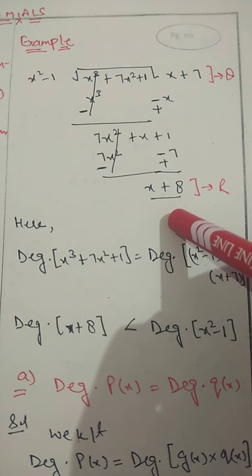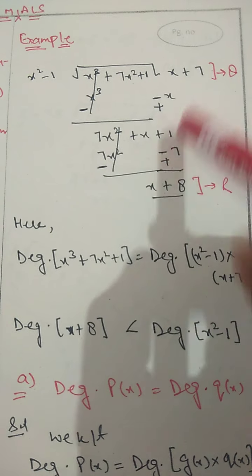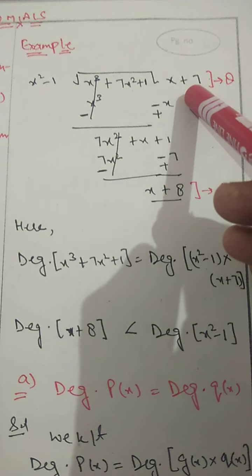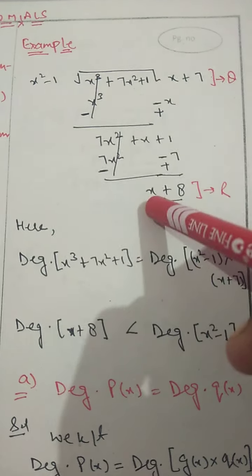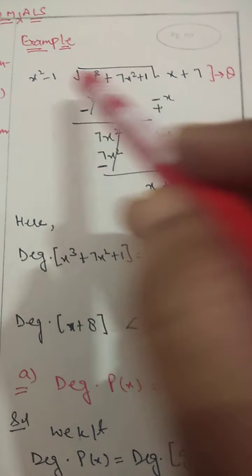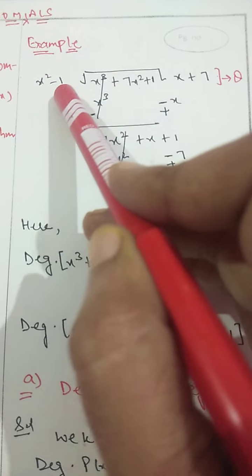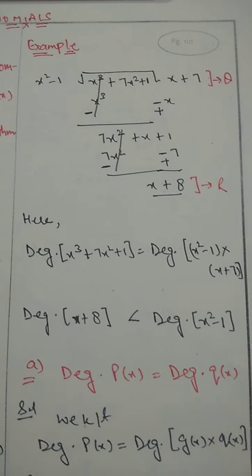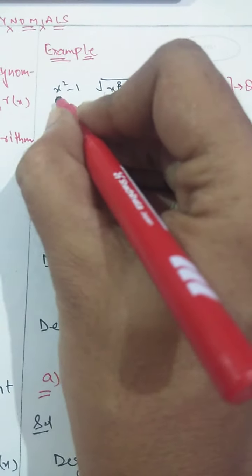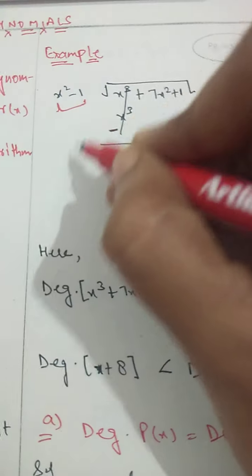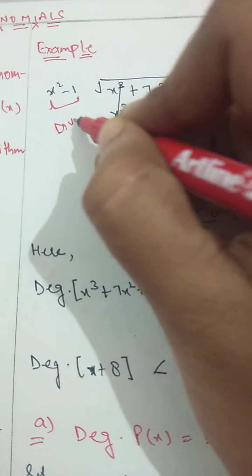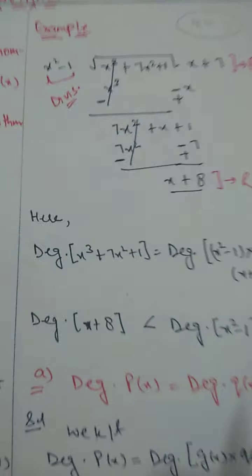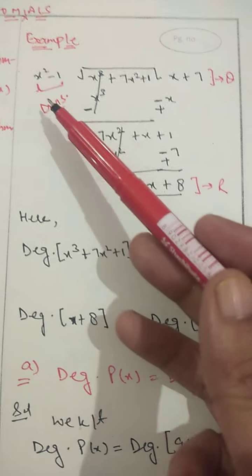From here you can find out, if you multiply x plus 8 into x plus 7, we will obtain a degree equal to 2, because x into x gives x square, and the degree of the divisor, which is our x square minus 1, is also 2.